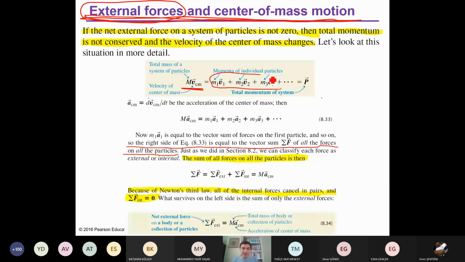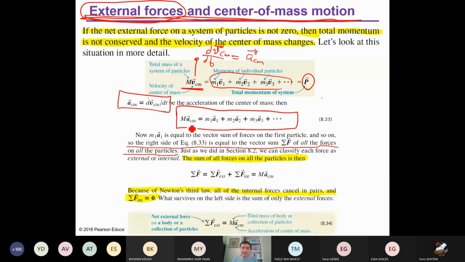If I take the time derivative of this, d v center of mass over dt, this is the acceleration of the center of mass. This is the total mass of the system, and this is the acceleration of the center of mass.